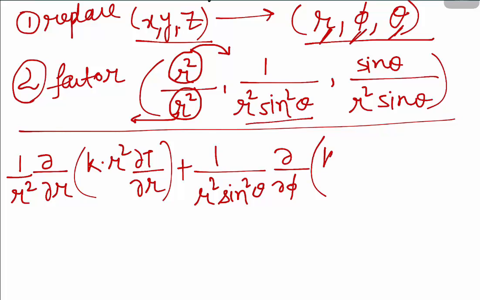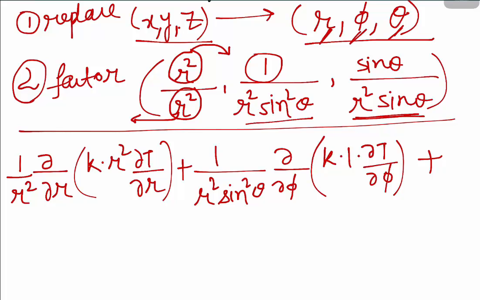Inside the bracket k into 1, numerator is 1, k into 1 into dou t by dou phi plus what is in denominator, r square sin square theta, it will remain outside the bracket. 1 by r square sin theta dou by dou theta, we will replace z with theta.